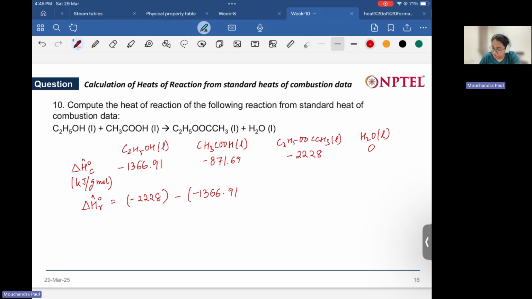Here, the stoichiometric coefficient for all the reactants and products is 1. Right?